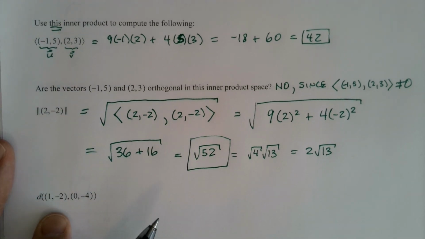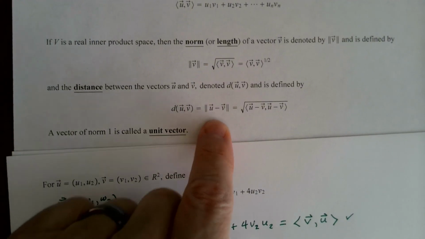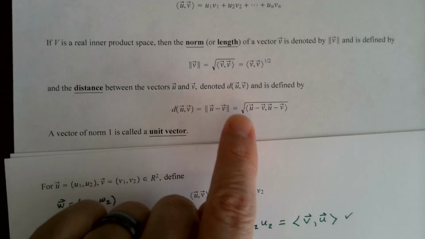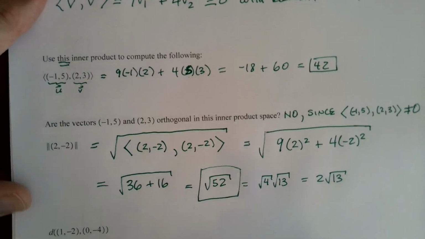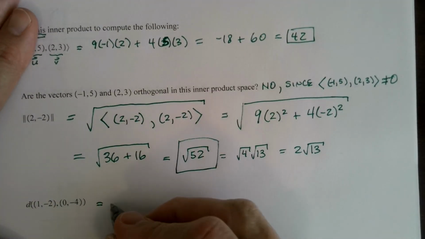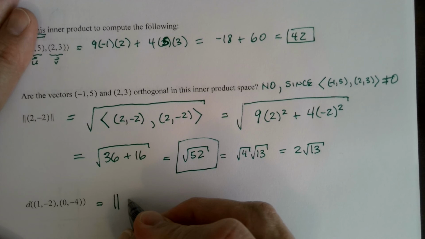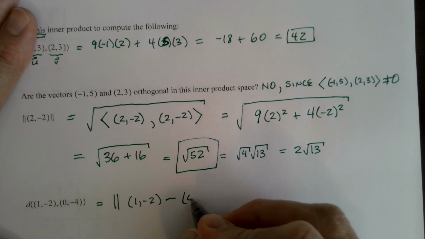Same thing here. What's the distance between two vectors? It's defined by the inner product, right? It's the norm of u minus v. And again, using this inner product. Whatever inner product is given, you will be given an inner product. Use it. Okay, so this is the norm of u, which is 1, negative 2, minus v.